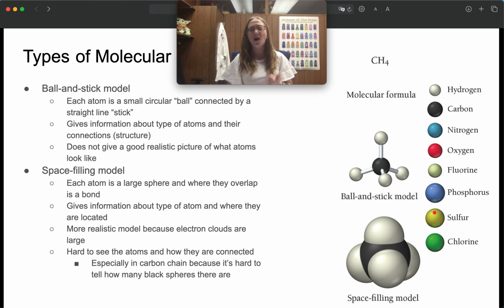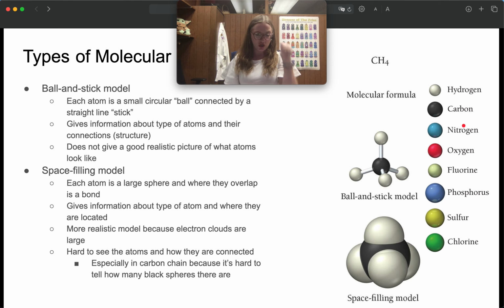So hydrogen's always, always, always white. Carbon is always black, and oxygen is always red in this case. Sometimes you can find a little bit of variation in the others, but I promise you, any modeling kit you pick up, or anytime you research these online, or look at a picture of a molecule, you'll always find that those 3 are always assigned the same colors.